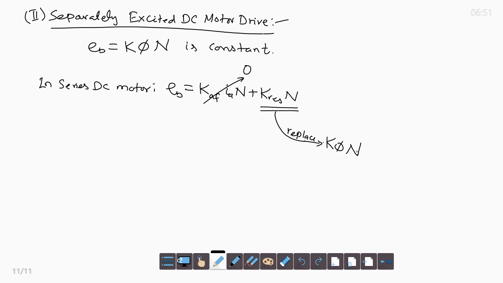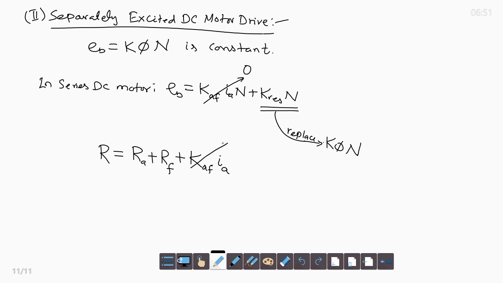For the separately excited DC motor, K residual N in the series motor is replaced by K phi N. In the series motor you had effective resistance R as armature resistance plus filter inductance resistance plus K A_F into I_A.